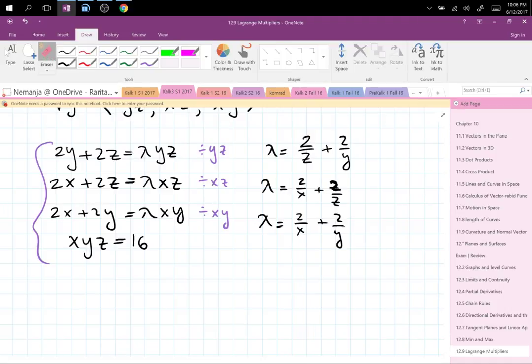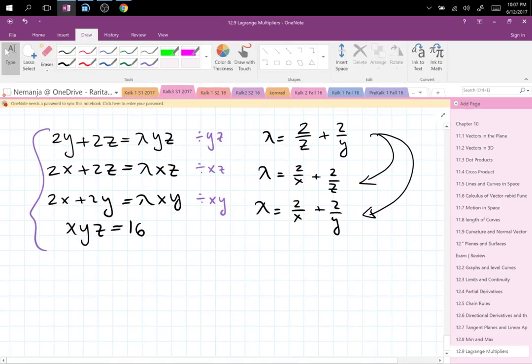So now I have these equations, and I can equate them. So equate these two, let's say, and these two. See what I get from there. That eliminates lambda. So I have 2 over z plus 2 over y equals 2 over x plus 2 over z.